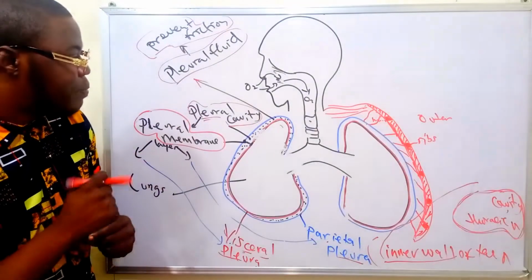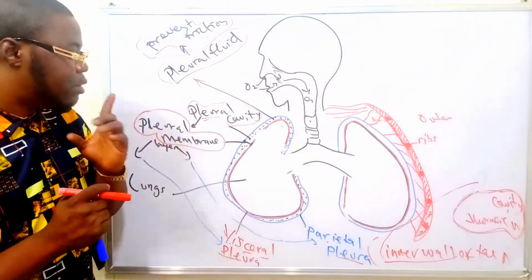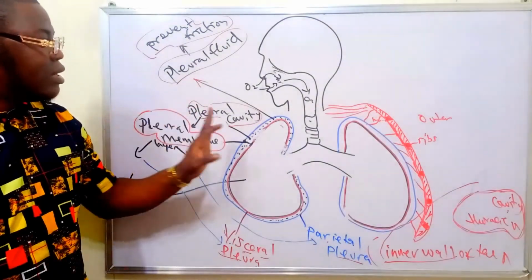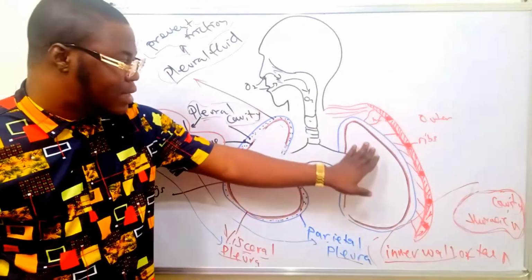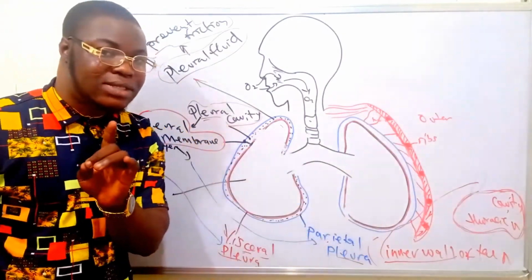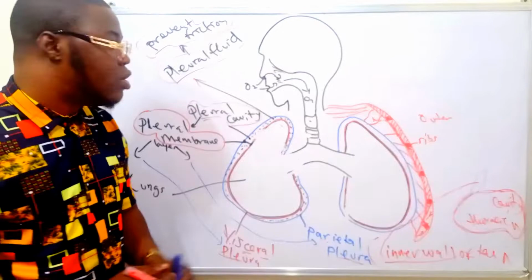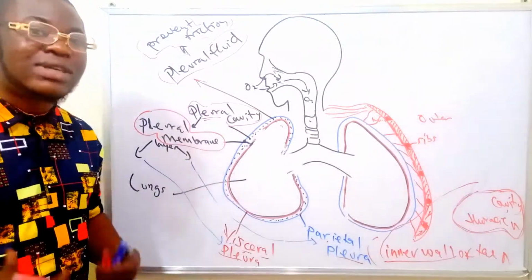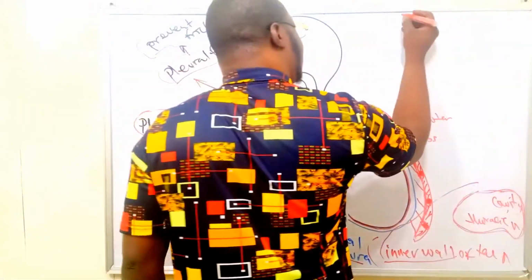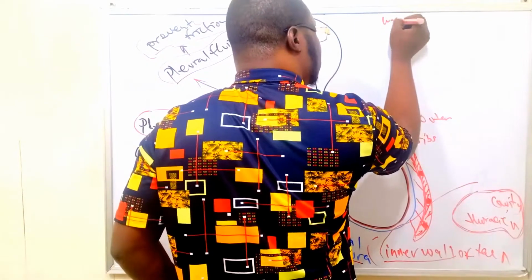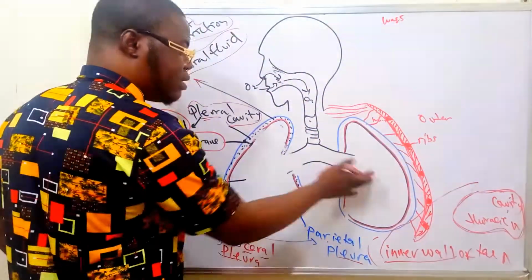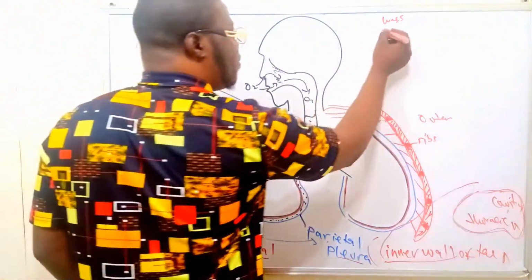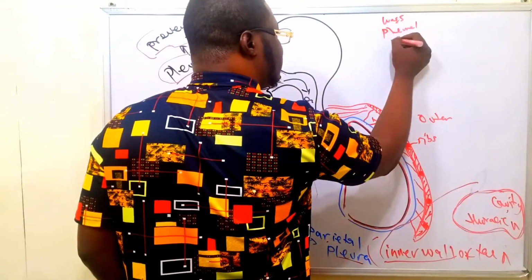Now, let me quickly chip in some things. This guy right here, I said it is the lungs. And do not forget, in our first video, I said that under respiration you have to understand some things, and one of those things is the lungs. Then I talked about the pleural cavity or the pleural membrane.